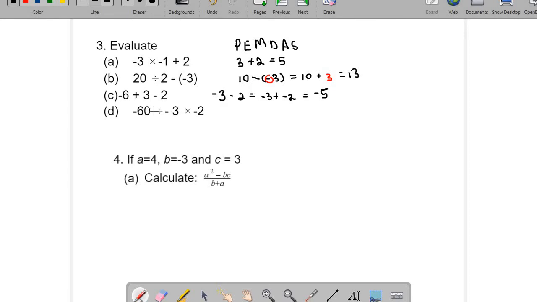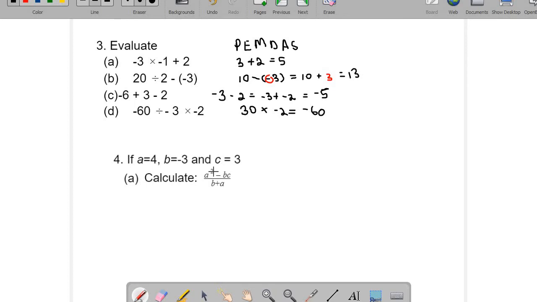Okay, so seeing that those are the two operations we have left, I'm just going to randomly choose to divide first. And that should give you +30 using the rules for directed numbers, times -2, and you should get -60. And that is pretty much it. So just pay attention to the PEMDAS rule and the rules for directed numbers as well.